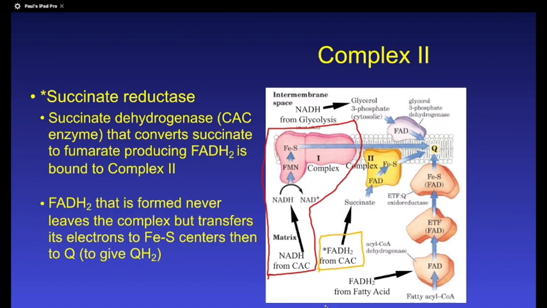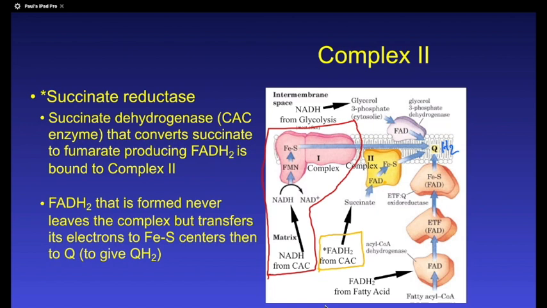And so it is the enzyme that produces it, and what happens is the electrons are accepted in the FADH2 that is bound to that enzyme, and then immediately it gives it to its iron center, and then it immediately gives it to Q. And I don't like the slide because when it accepts the electron, it's QH2. Okay, so it gives it to Q, and it becomes QH2.